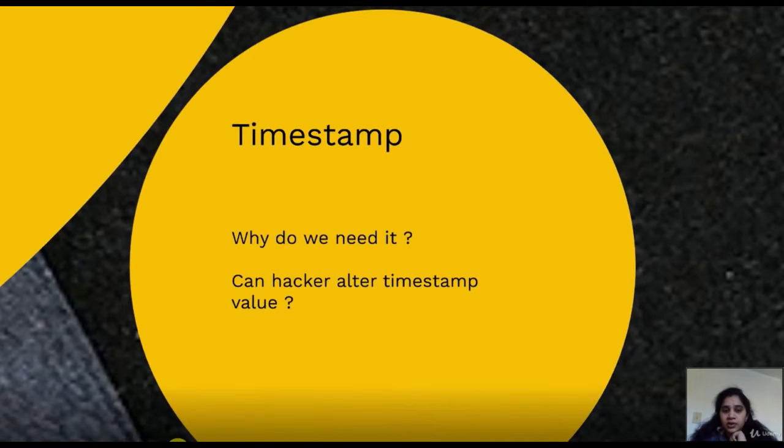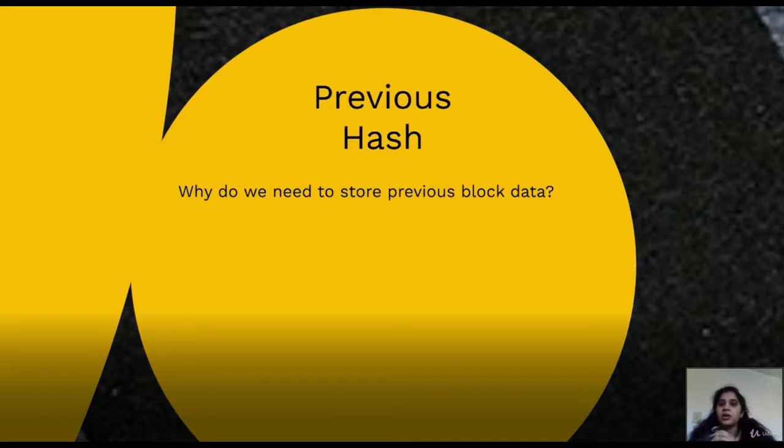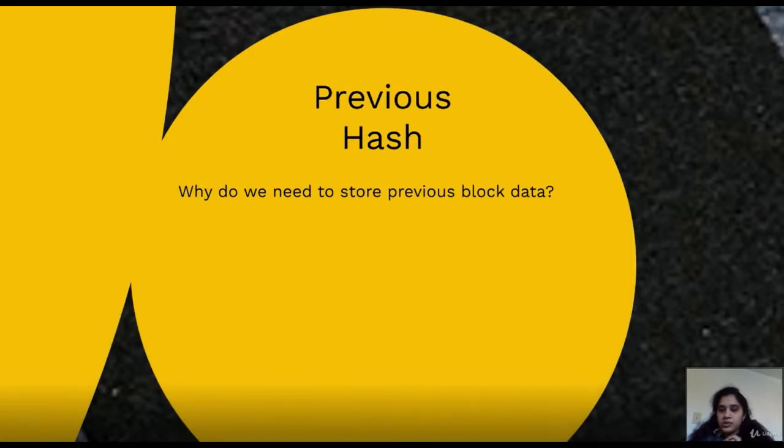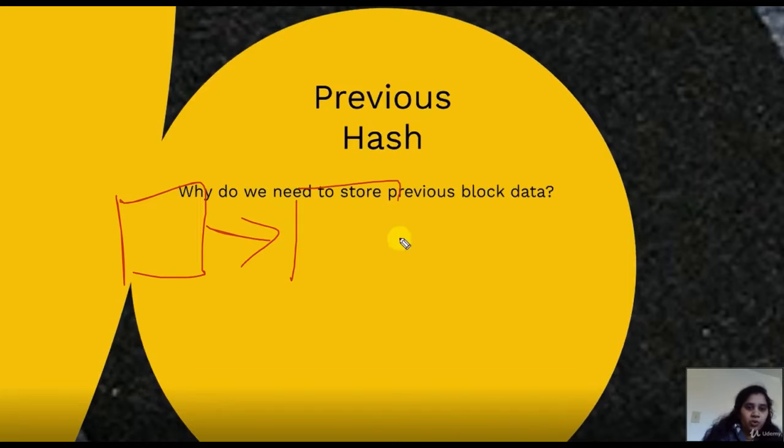Oh, sorry, I skipped the previous one. The next important thing that we need to discuss is the previous hash. Suppose your blockchain has blocks A, B, C, D. This is your block 1, block 2, and block 3.